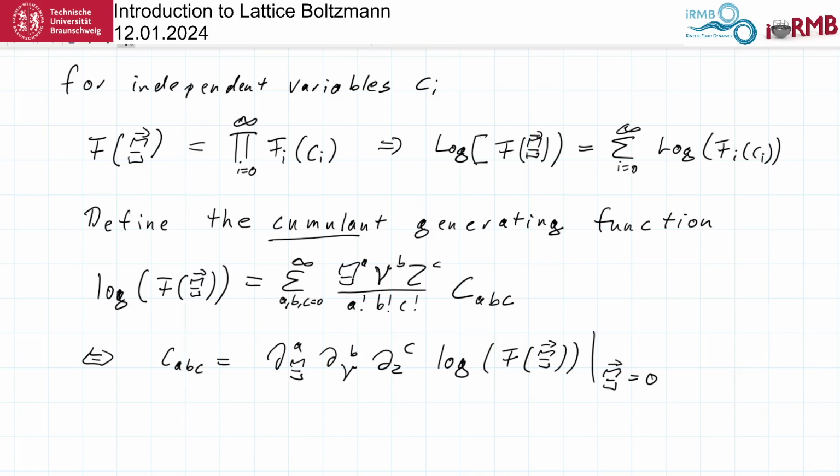So if instead of using moments, we use cumulants in the MRT method, we expect that we have solved the independence problem.